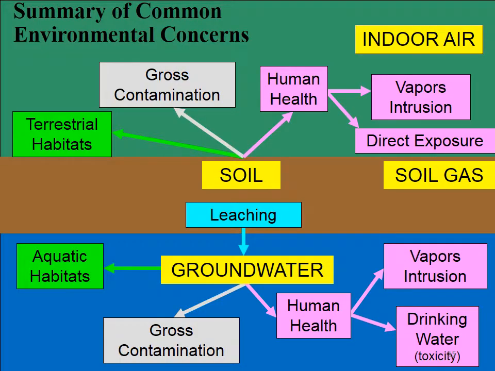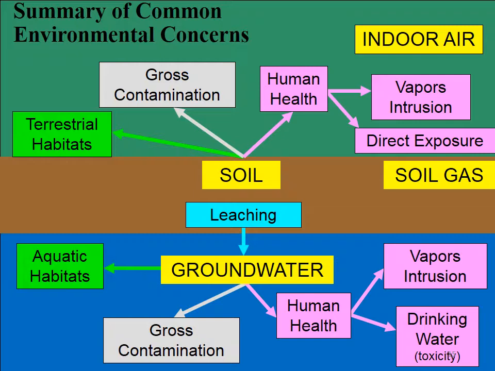Here again are the key environmental concerns that we evaluate for setting our default EALs, our Tier 1 EALs, as we call them. And these include, for soil, key environmental hazards like direct exposure, vapor intrusion, gross contamination, leaching. And typically, terrestrial habitats are site-specific, so that will depend on whether there's significant terrestrial habitat on the site and typically handled through an eco risk assessment.